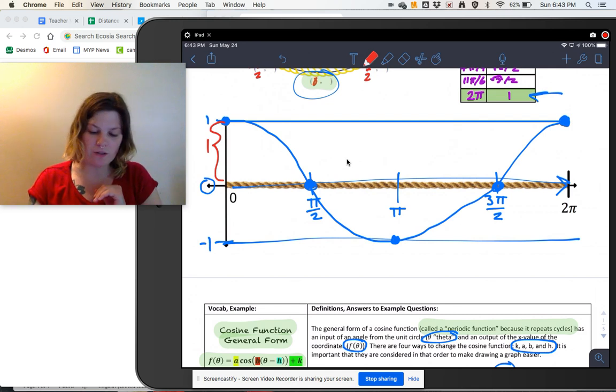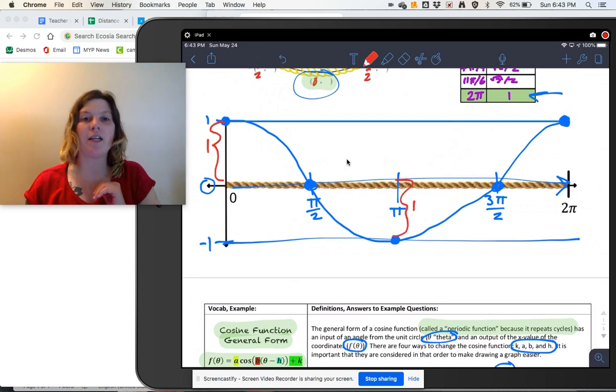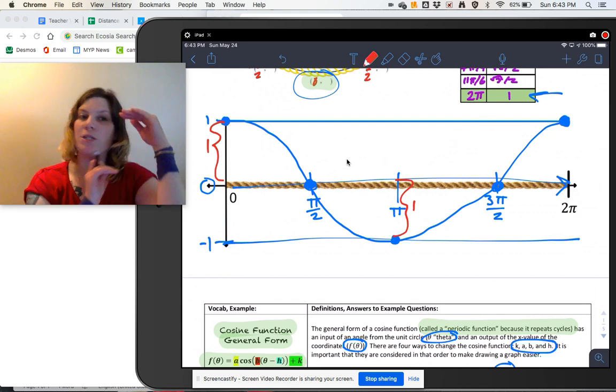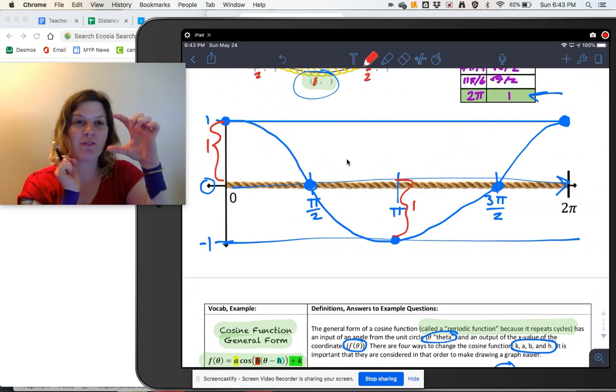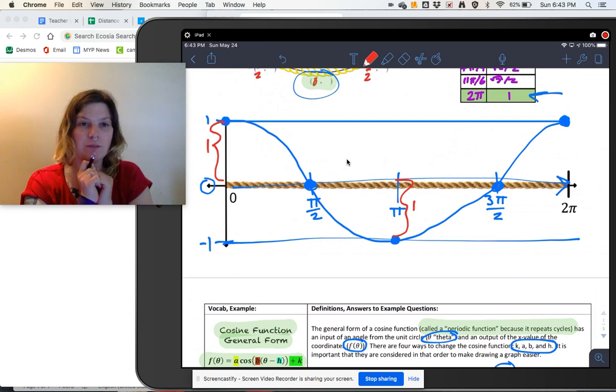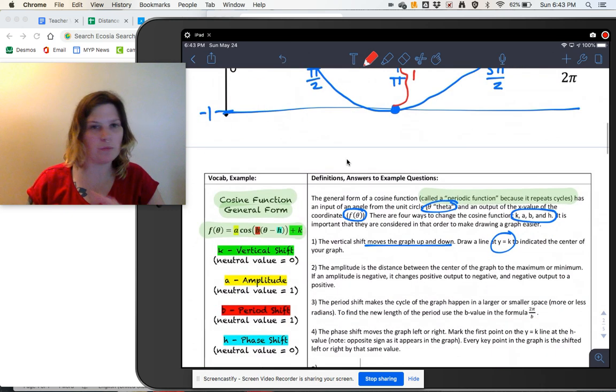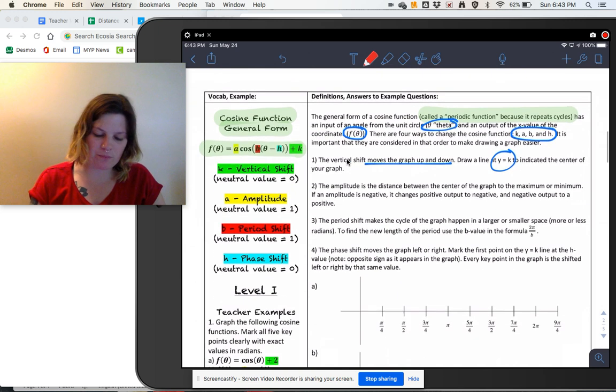And we can also see that this has a length of 1 down to the minimum. So it's not the total length, right? It wouldn't be 2. It would be 1 because it's halfway to the middle. All right, and again, we'll do some examples. Like I said, the neutral value for k is 0. The neutral value for a is 1.